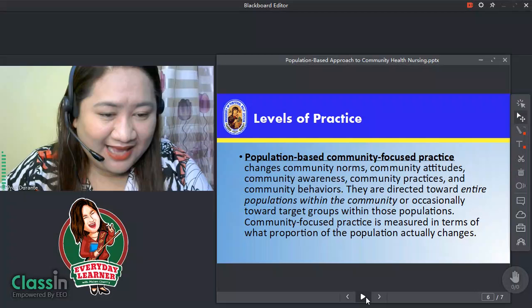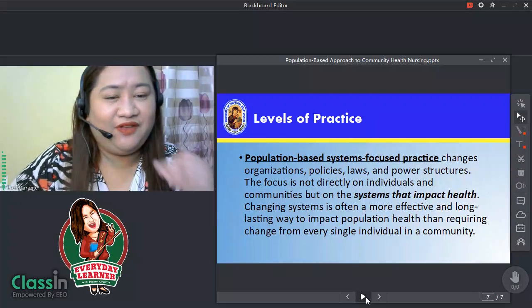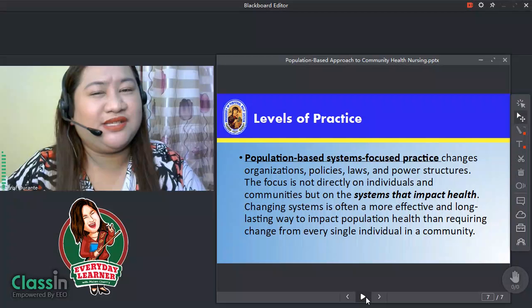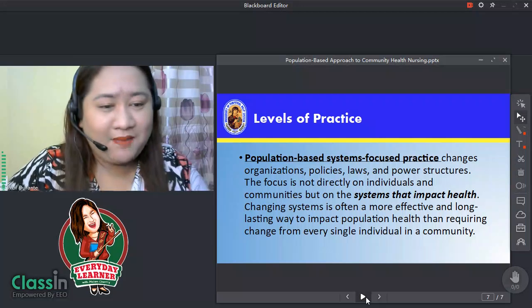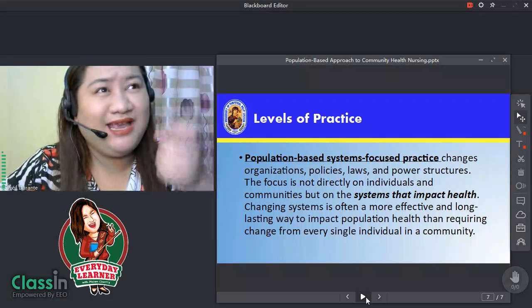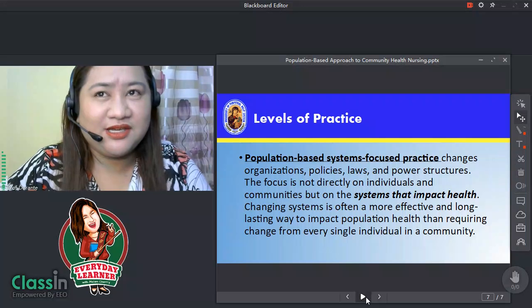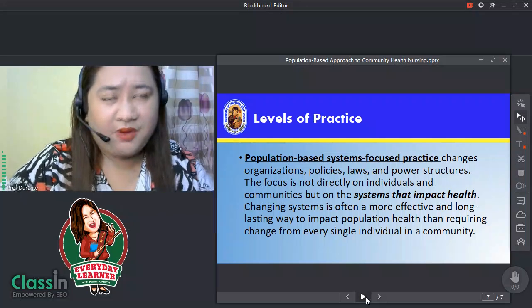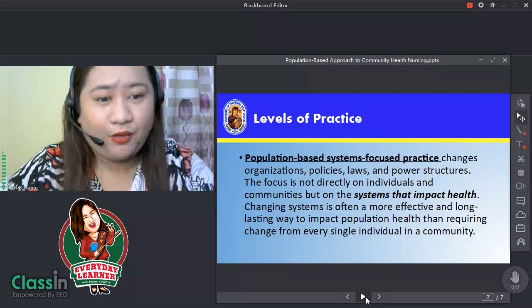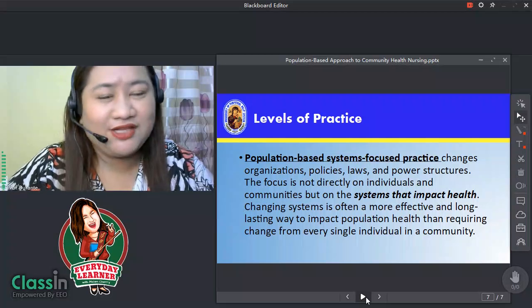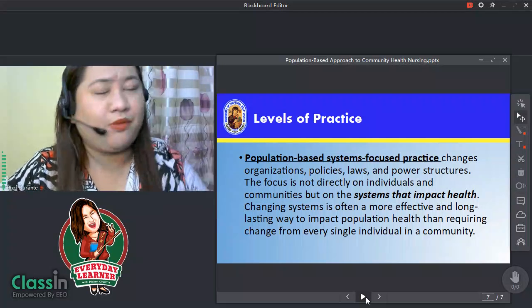Now, the last level of practice is what we call systems focused practice. What we're talking about is you're trying to change systems that affect health. When we talk about systems, this has something to do with health policies, organizations, laws, and power structures.